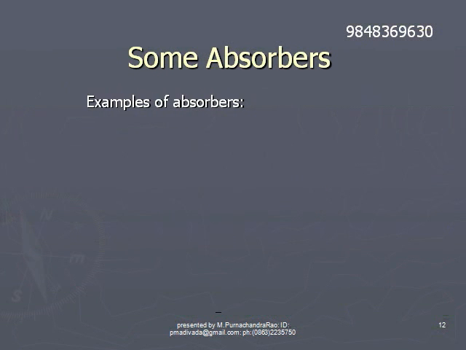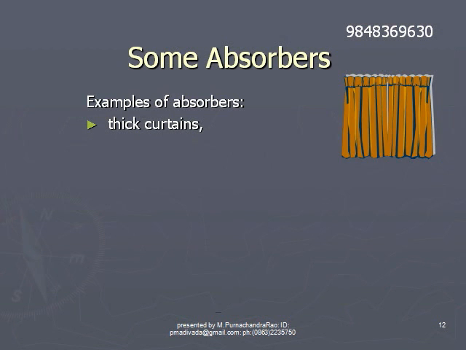Let us recollect some of the sound absorbers. Examples of absorbers are thick curtains. Generally, thick curtains will be laid near the doors and windows in a theatre. They are very good absorbers.